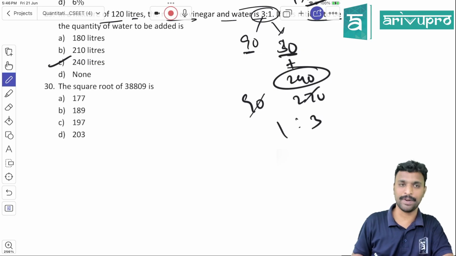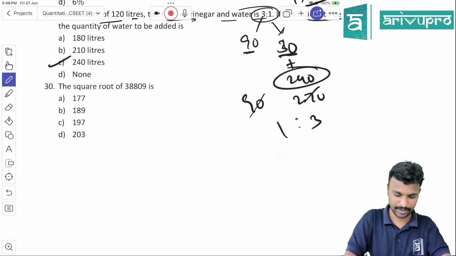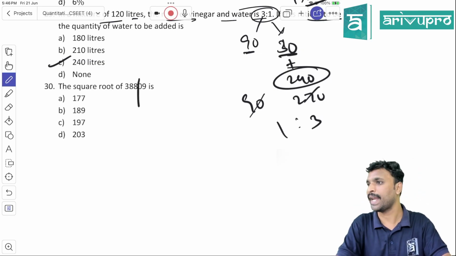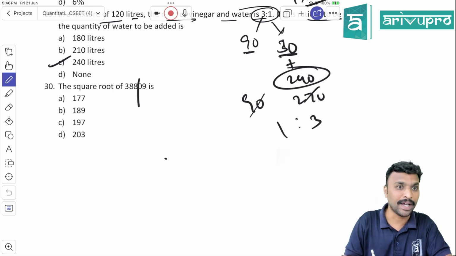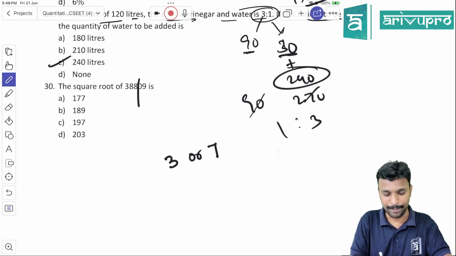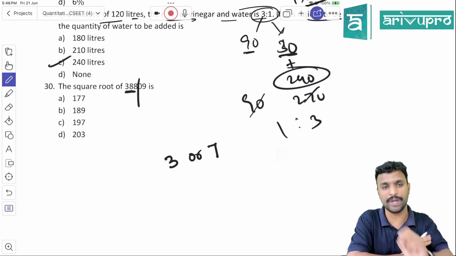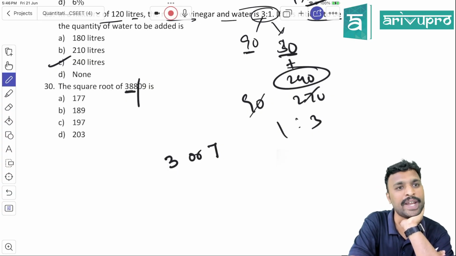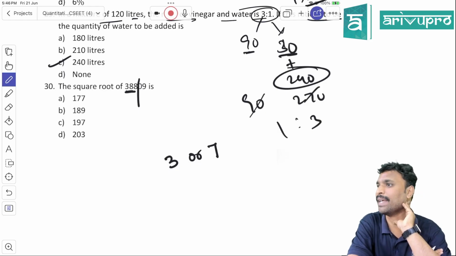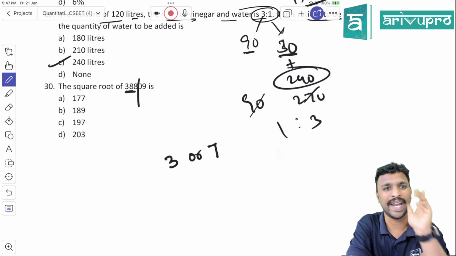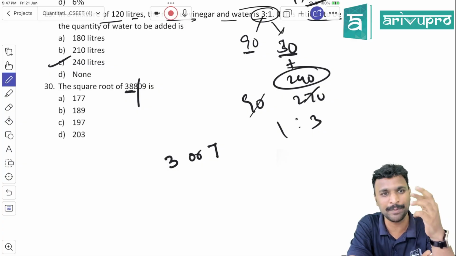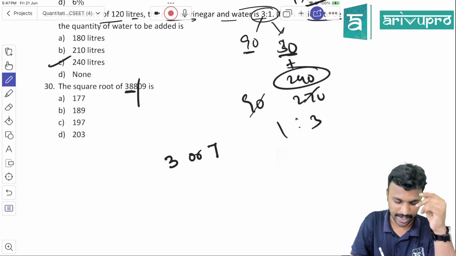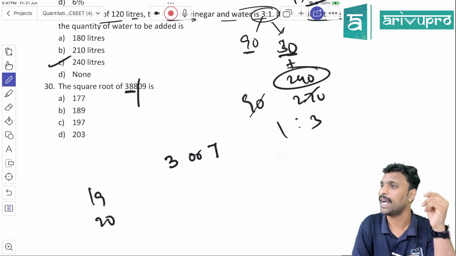Square root of this number. Which two digits to separate? The last two. 9 means either 3 or 7. Now 388, between which two numbers does it come? Square of 19 and square of 20. Correct? 19 square is 361. 388 is between 361 and 400. So 19 or 20.